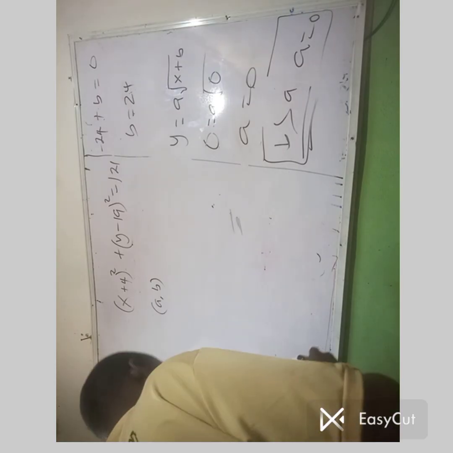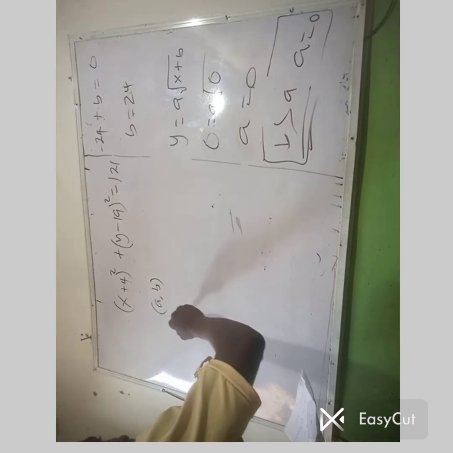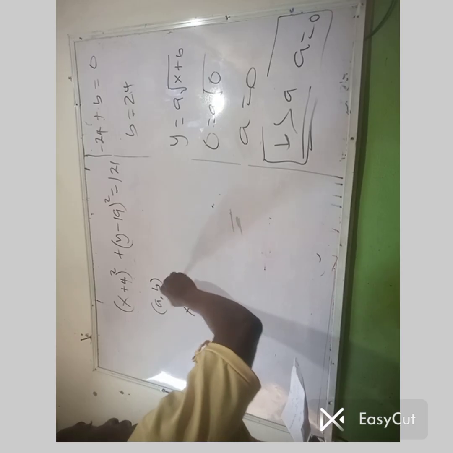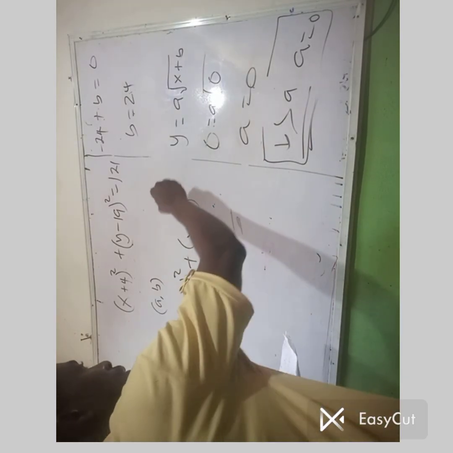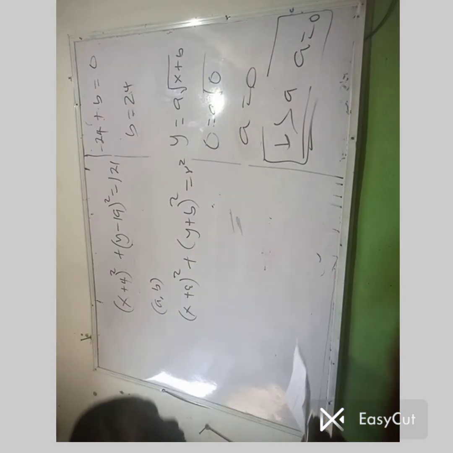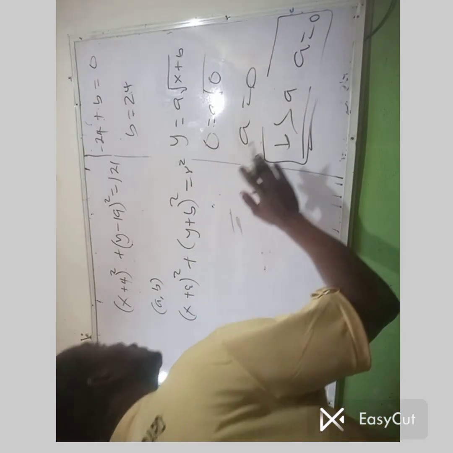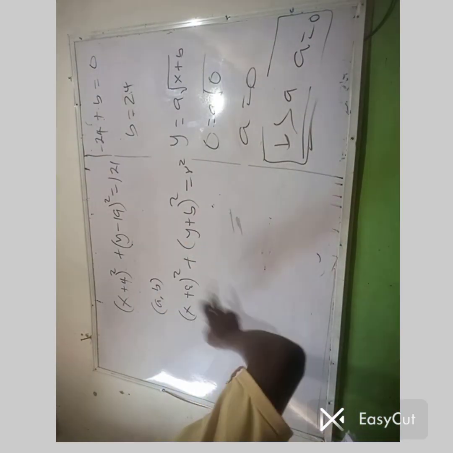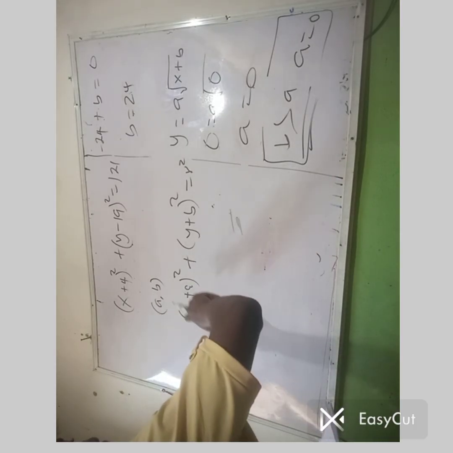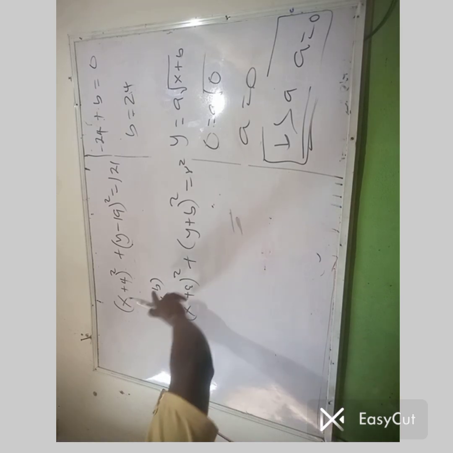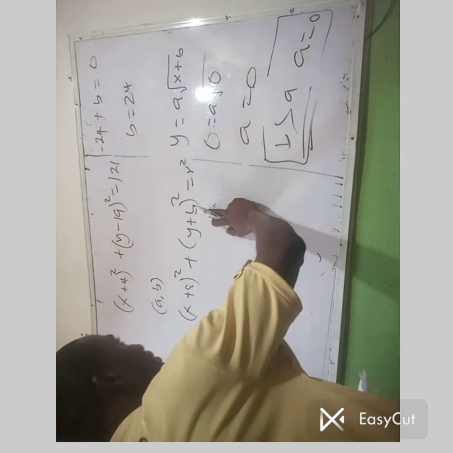Are you getting it now? The formula for this is (x + a)² + (y + b)² = r². Now if you substitute, our a has been given as 4 and our b has been given as minus 19.